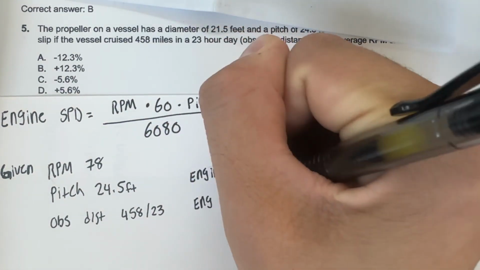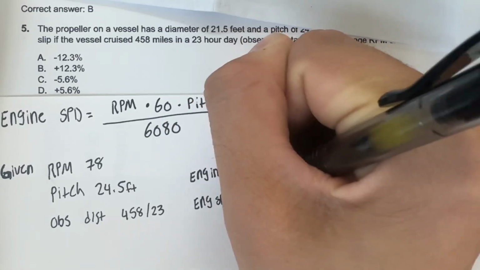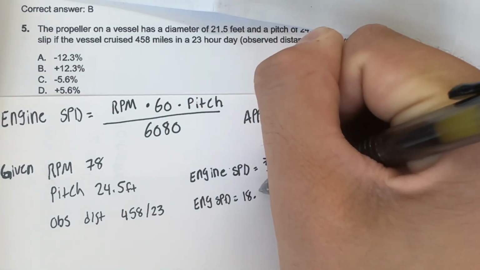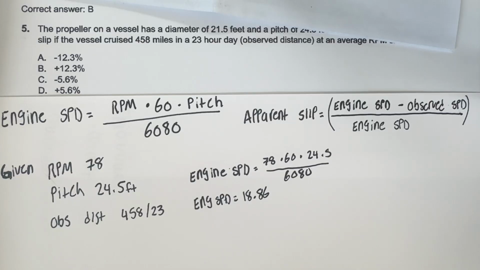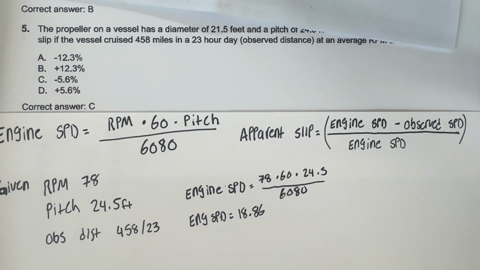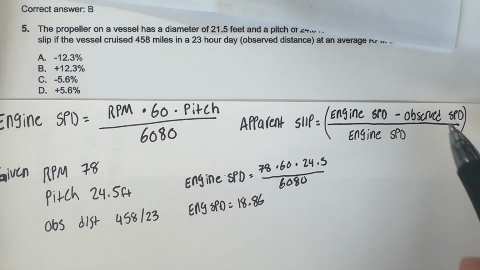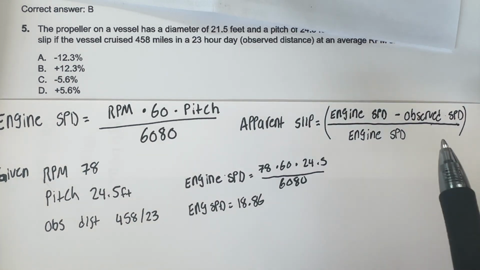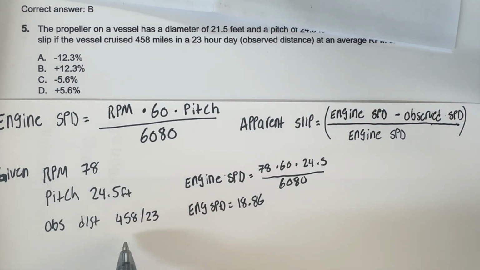So engine speed equals 18.86. Now we can solve for our observed speed, which is pretty simple. It's just the amount of nautical miles you've gone in a 24-hour period.